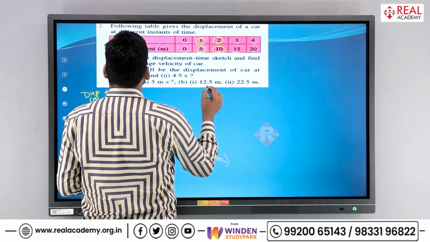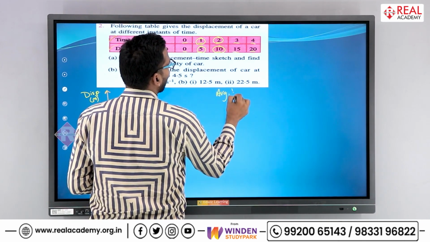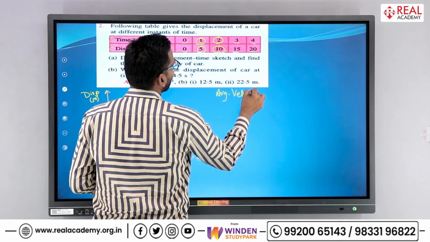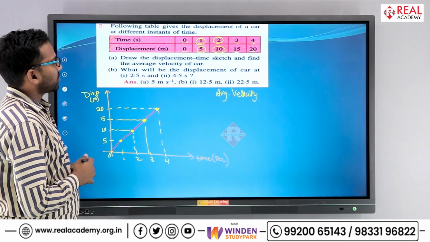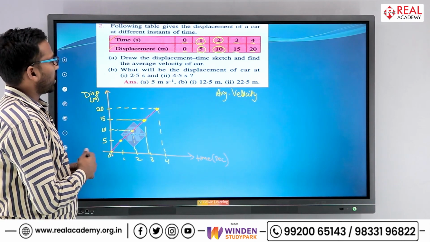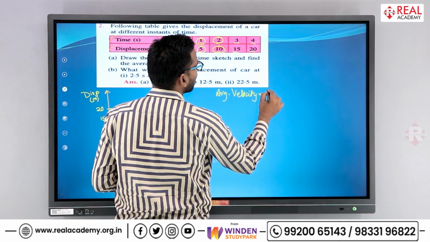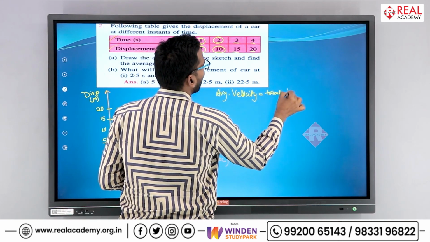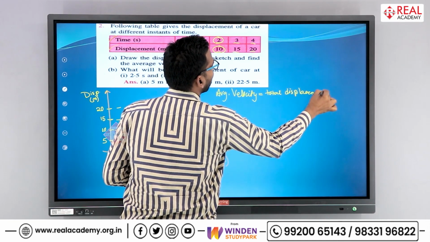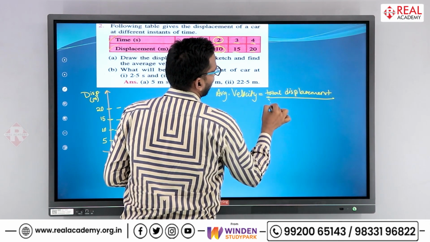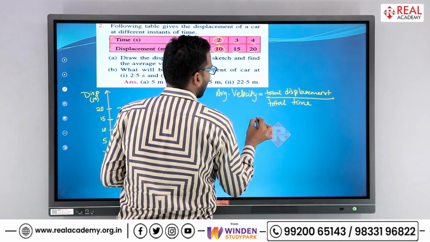Okay, they are asking us to find the average velocity. So average velocity is total displacement upon total time.